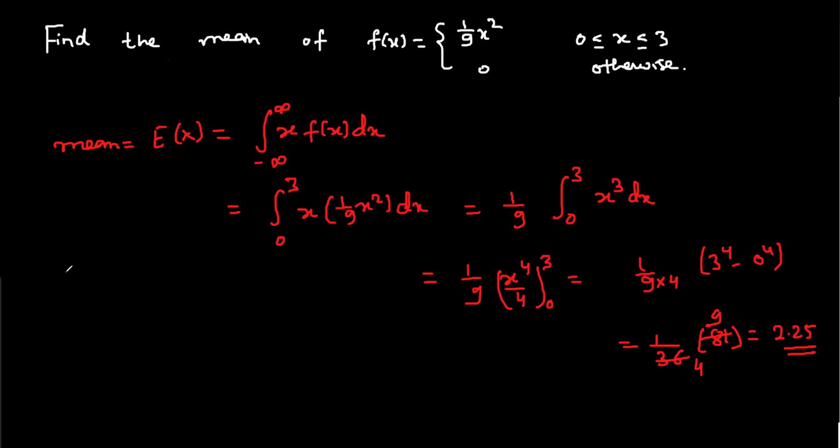And let's see for a discrete value how we find it. Let's suppose this is a discrete value, because only 4 discrete values are given in the table.